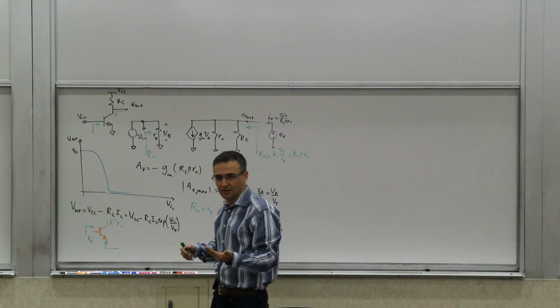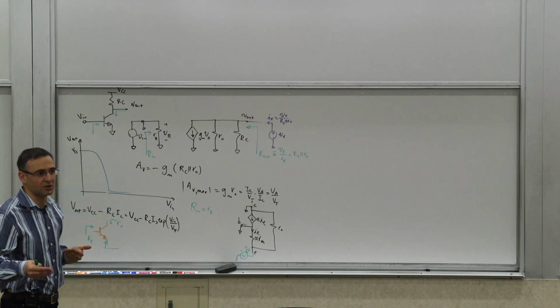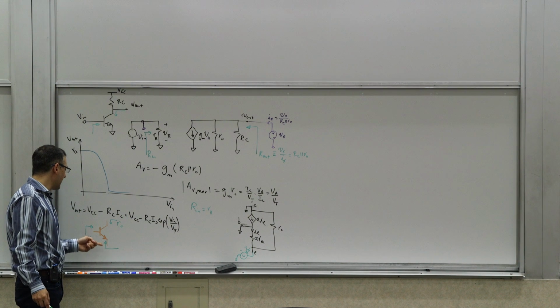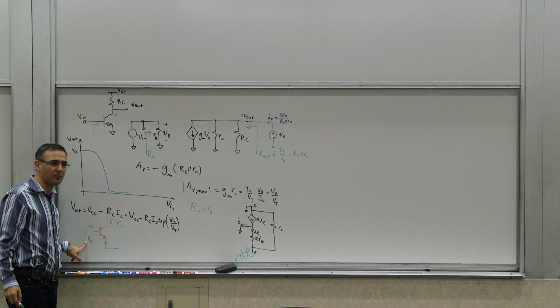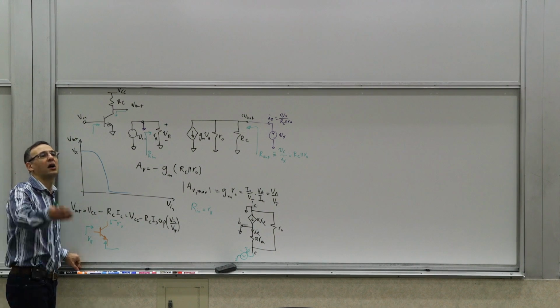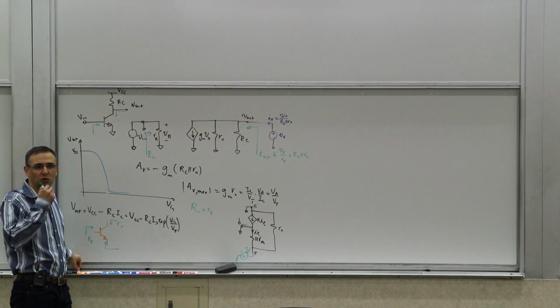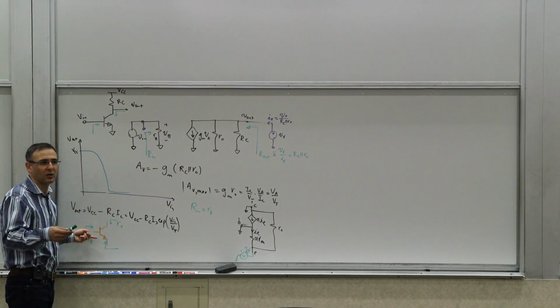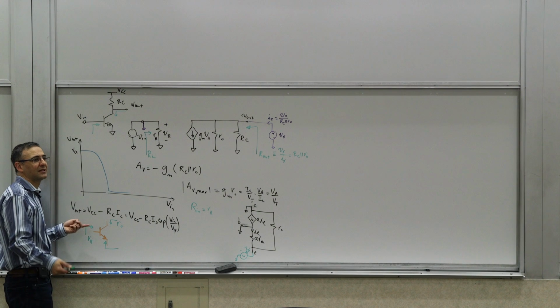And it scales: the smaller the current, the larger the Rm. R pi is beta Rm, so let's say beta of 100, you're looking at 2.5 kilo ohms. If the current is smaller, it could be 10 kilo ohms, things like that.